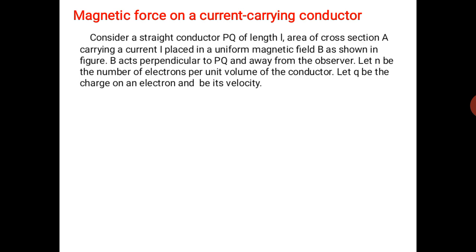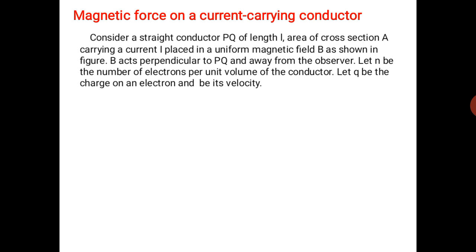Let N be the number of electrons per unit volume of the conductor. It is called the electron density, the number of free electrons present per unit volume. This was already discussed in chapter number 3 also.